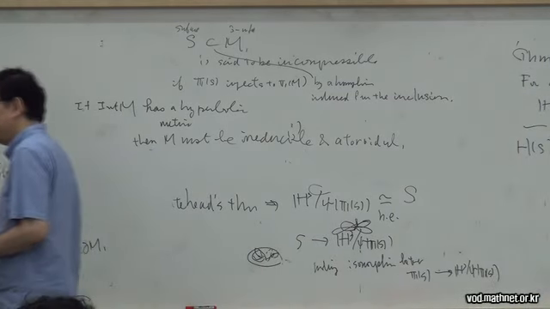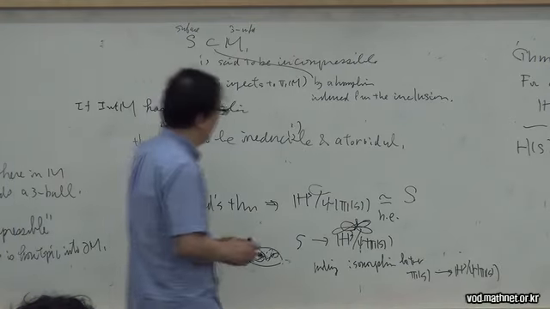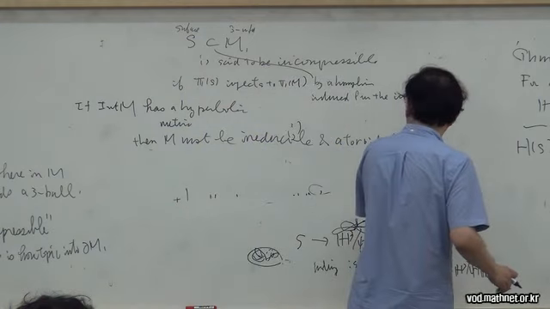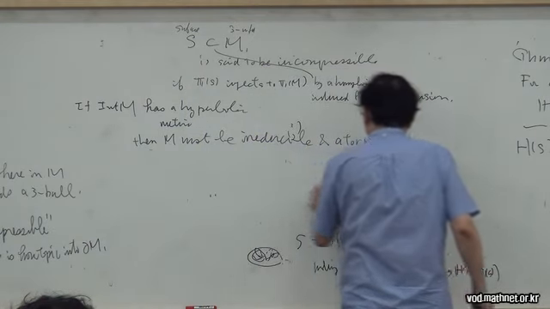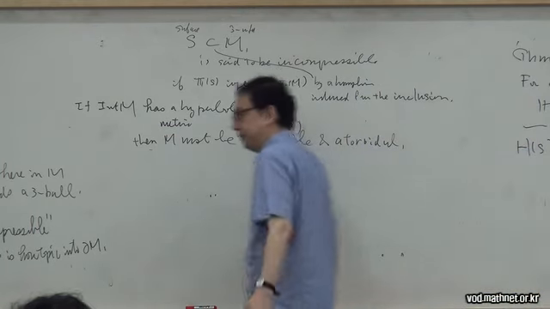So to generalize the product of S and the interval, what you have to consider is such a manifold: an irreducible, atoroidal, orientable, compact three-manifold.